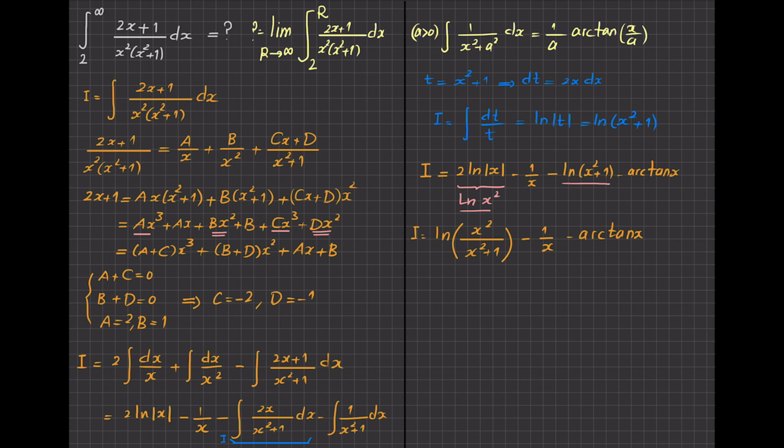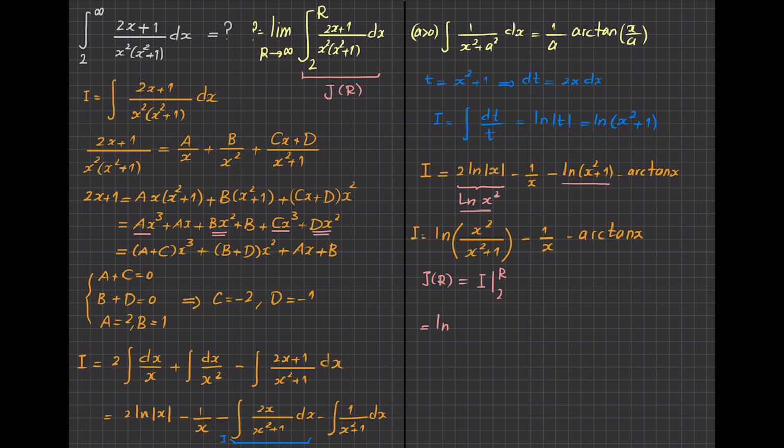Okay, so now let me call this integral J of r, because that will be a function of r. So what is J of r? J of r is actually I, which is calculated between 2 and r. So I replace every appearance of x with r.